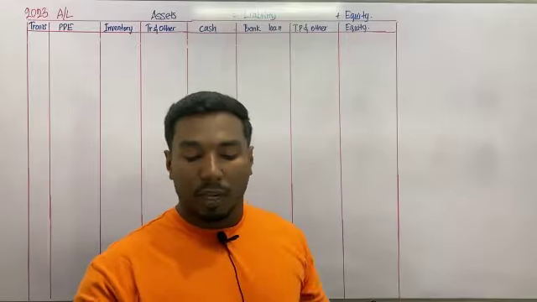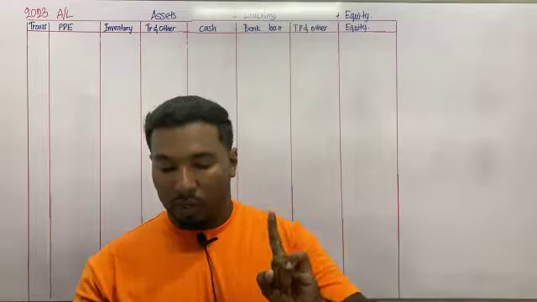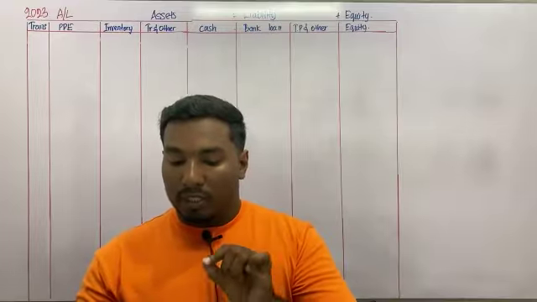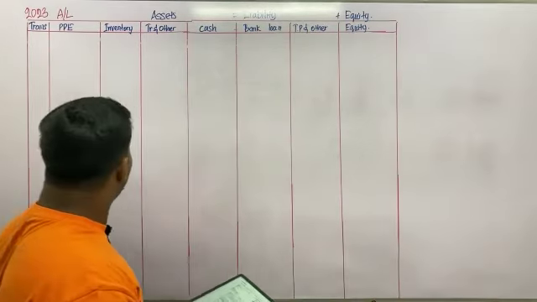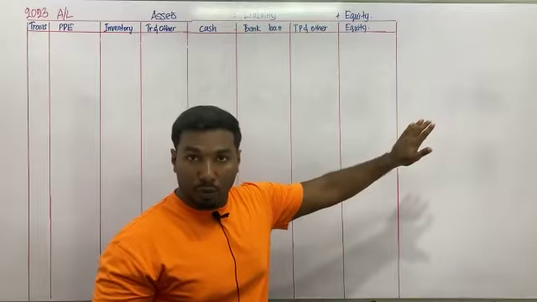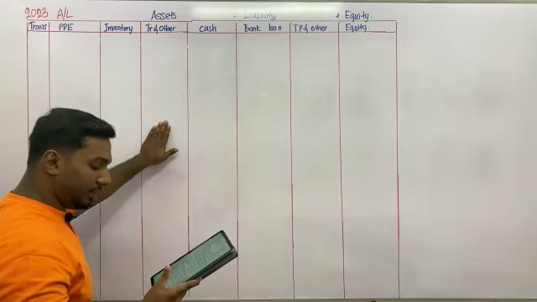State plus if the value increases or minus if the value decreases in front of each value. In answering this question, use the format similar to the one given below. Which means in the answer sheet, you have to draw the format which is given in the exam paper. So I did that.